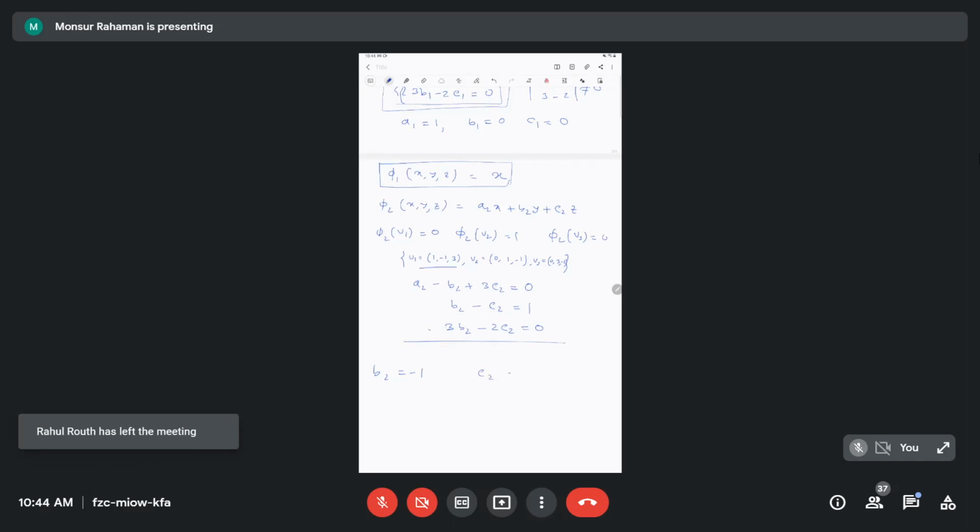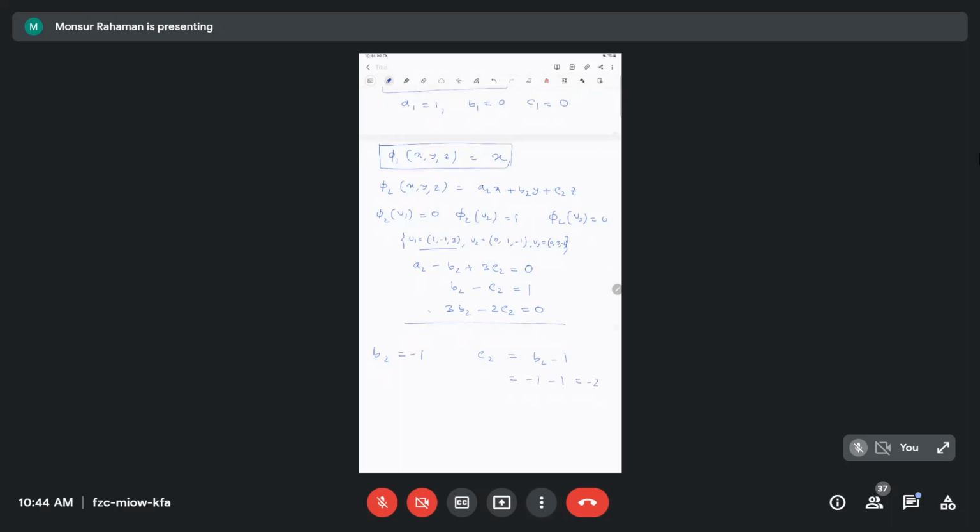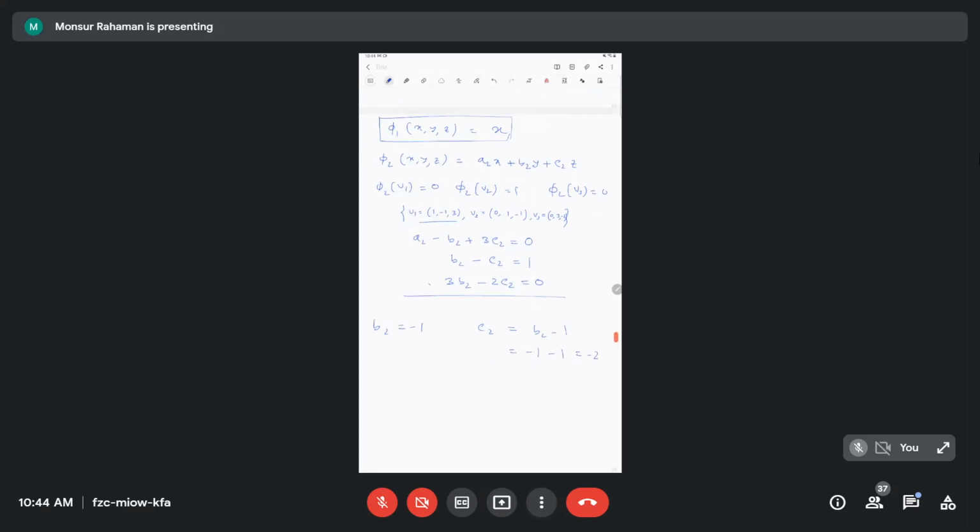So C2 will be B2 minus 1, so minus 1 is minus 2. Minus 2, which will be A2 is B2 minus 3C2.